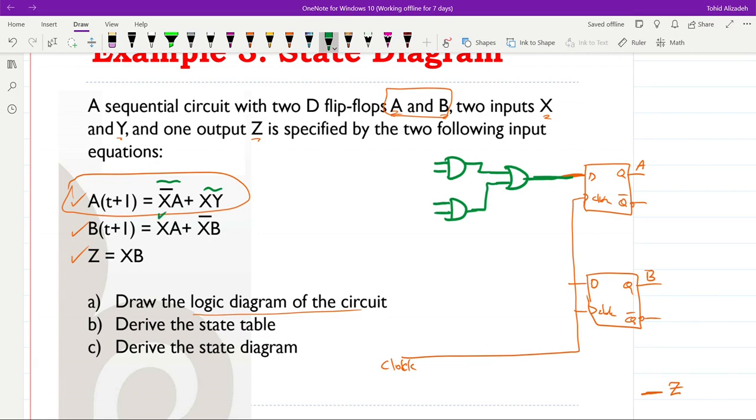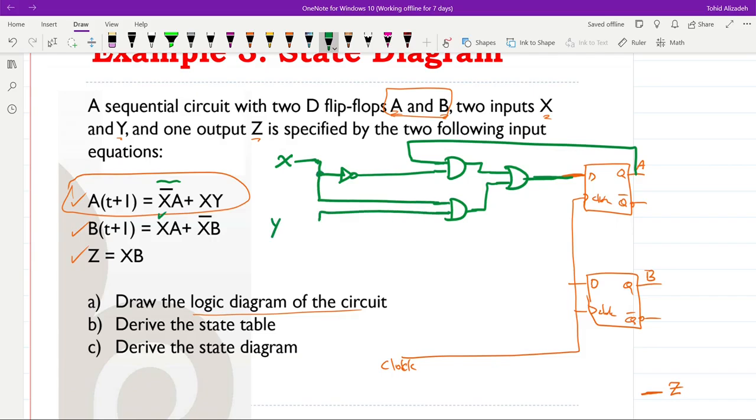For the first AND gate, we will connect it to not X. If I assume that we have access to the X, we need to use an inverter, not X, and A. And for the second one, we have X and Y. We will connect this to the first input X and the second input Y, because we have 2 inputs. So in this way, we have done it for the first flip-flop's input.